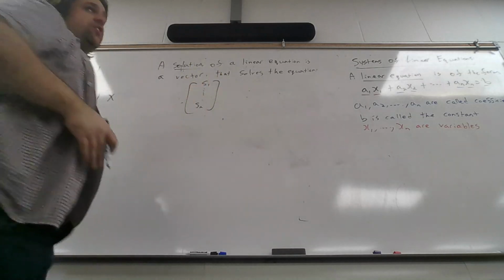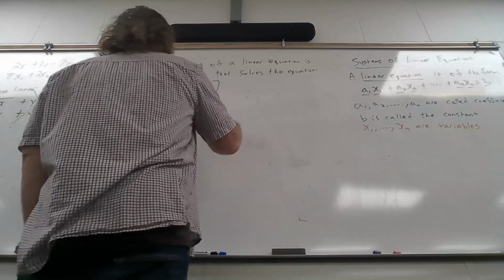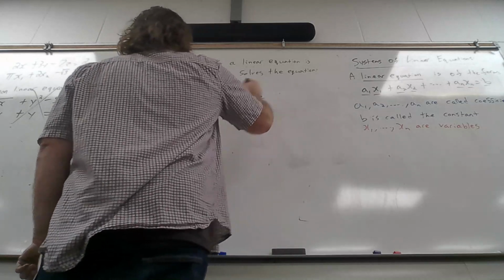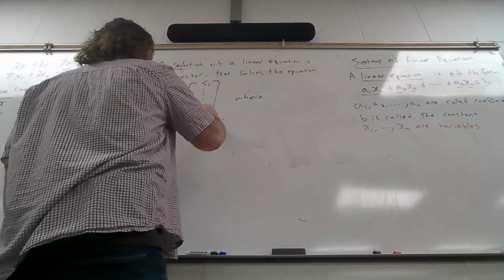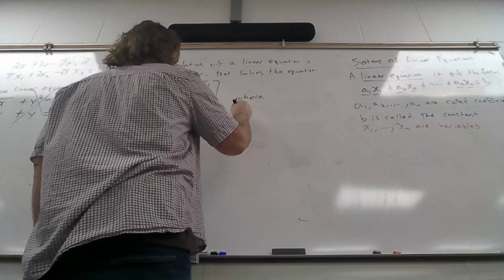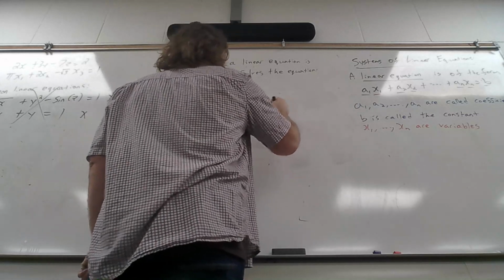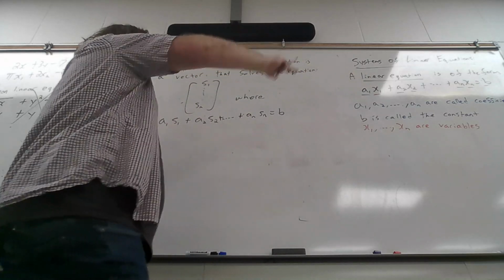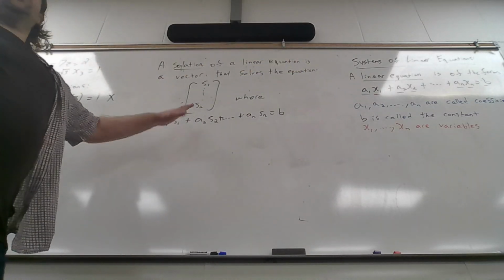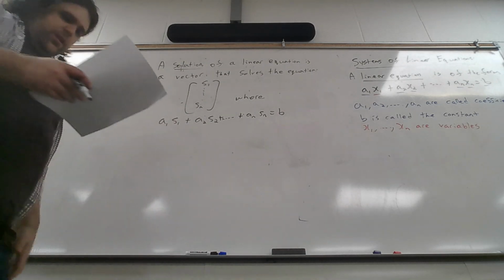It's just a list of numbers. This is the solution, S for solution, where A1 S1 plus A2 S2 plus ... plus AN SN is equal to B. Here, x is a variable, but here we're saying these are actual real numbers that we're plugging in.